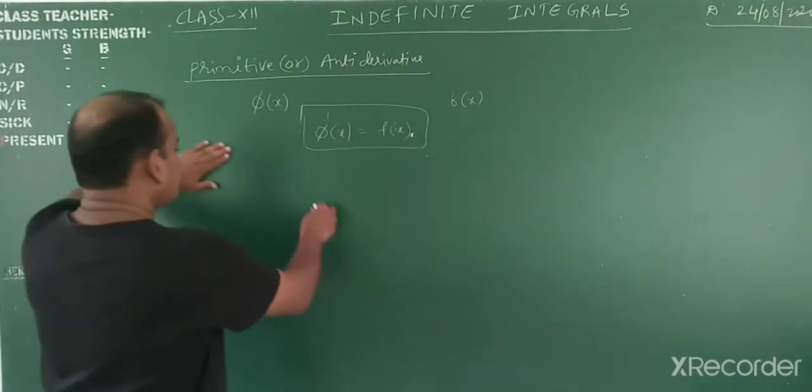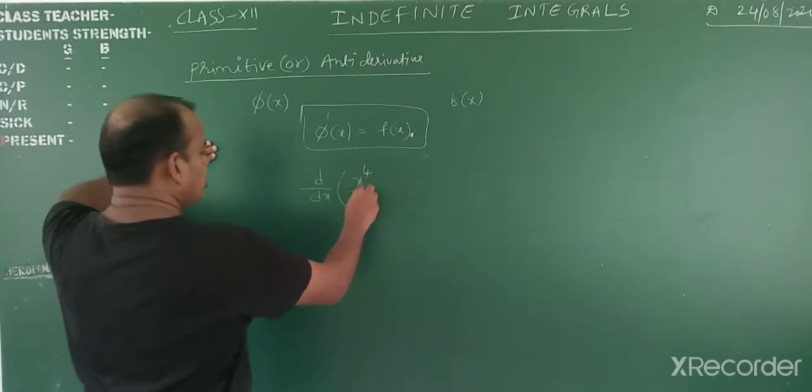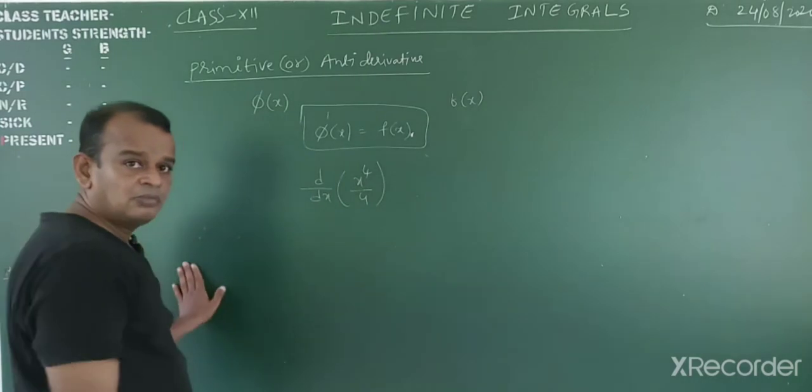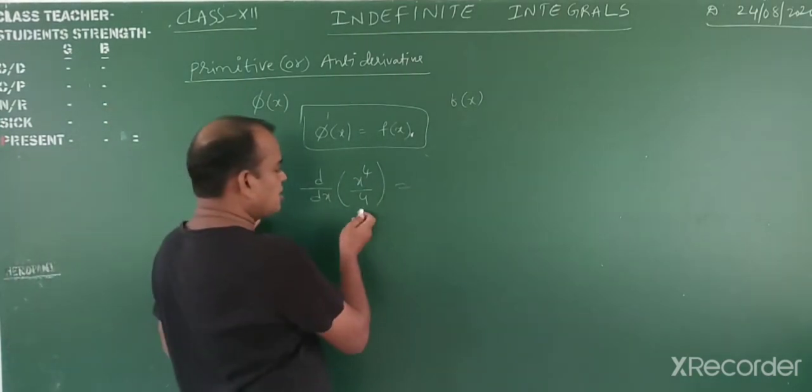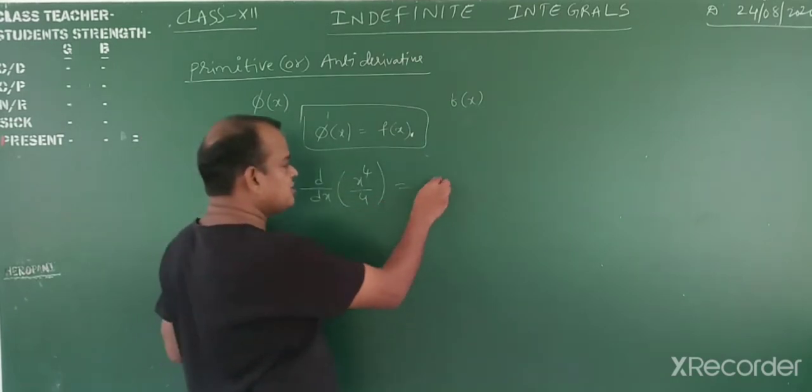First of all, we will take an example. d by dx of x power 4 by 4: 1 by 4 is a constant, and the derivative of x power 4 is 4x cube. 4x cube by 4 cancels, so that is equal to x cube.